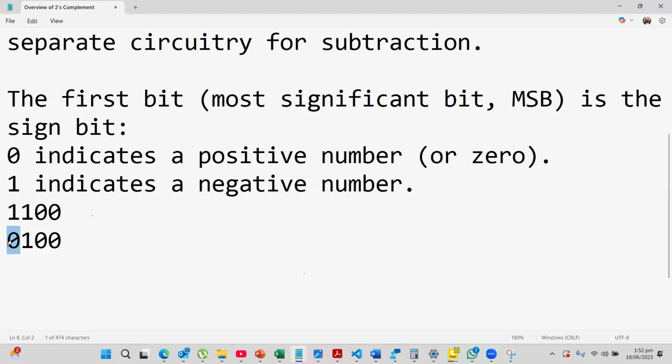From your childhood, you just put a minus sign there. How is the computer supposed to know? How can the computer tell if the number you are putting there is positive or negative?